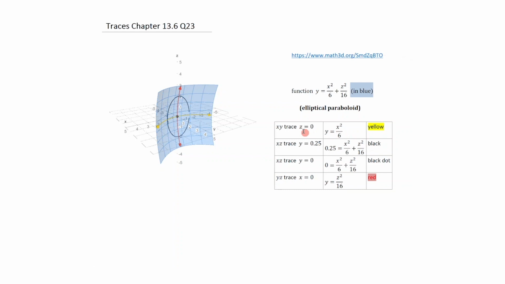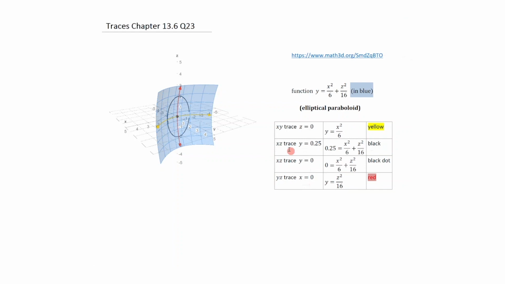We've got an xy trace at z equals 0, an xz trace at y equals 0.25, an xz trace at y equals 0, and a yz trace at x equals 0. In the first case, we set z equal to 0 in the equation above, and we end up graphing y equals x squared over 6. That's on the xy plane, since z equals 0.